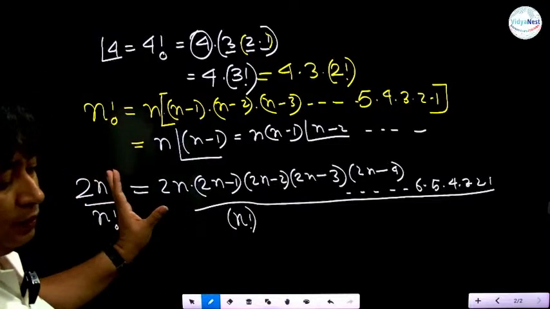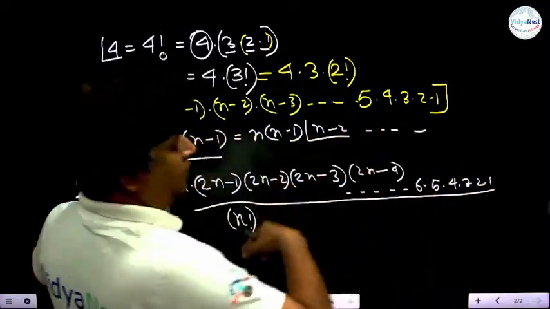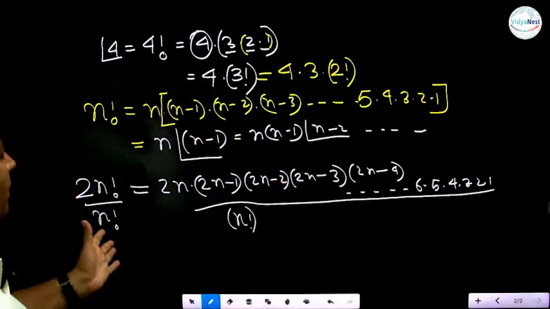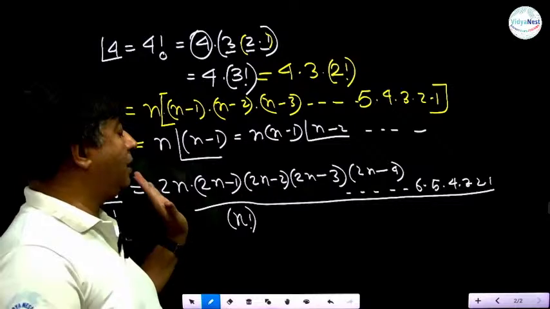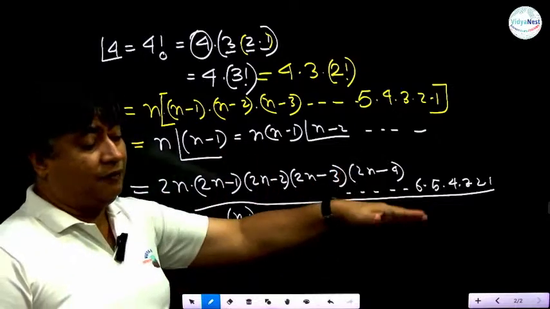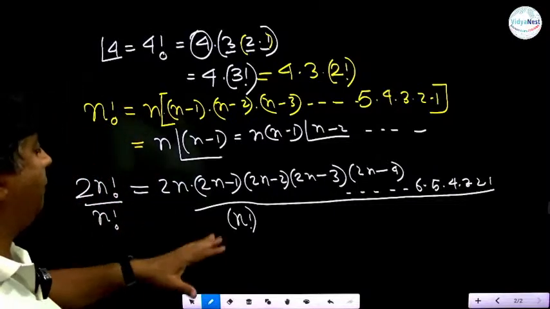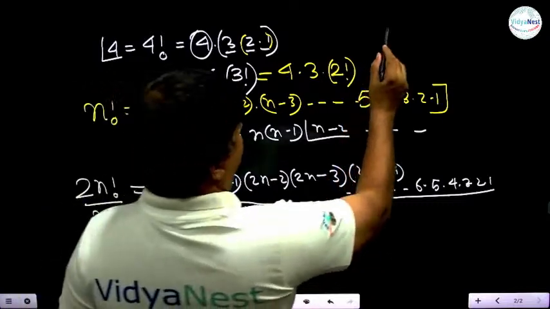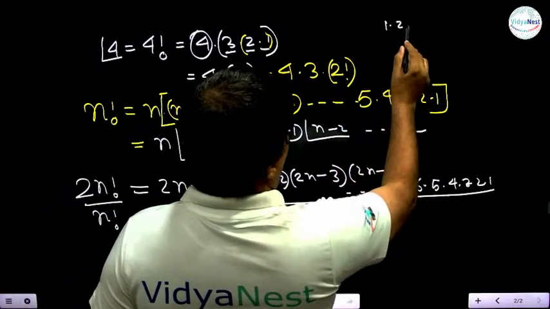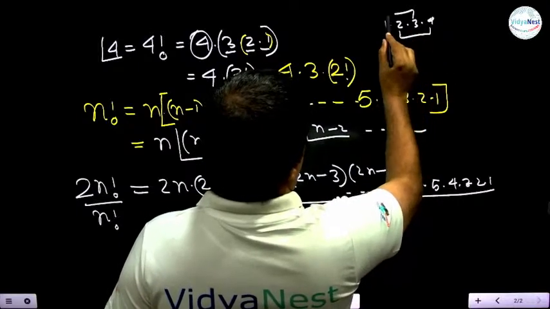Now, what we can observe is that this collection of numbers has an equal number of odd and even factors. Yes or no? Like 1, 2, 3, 4. How many even numbers? 2. How many odd numbers? 2.